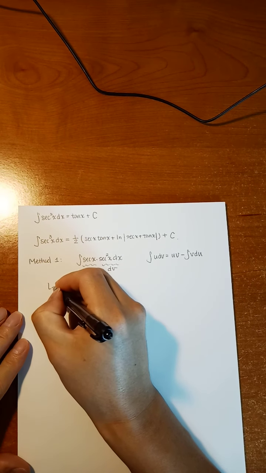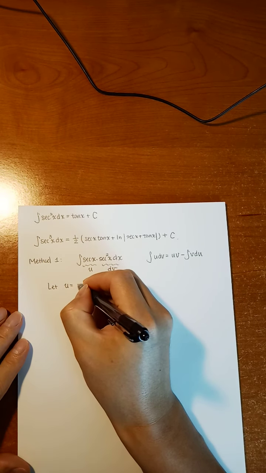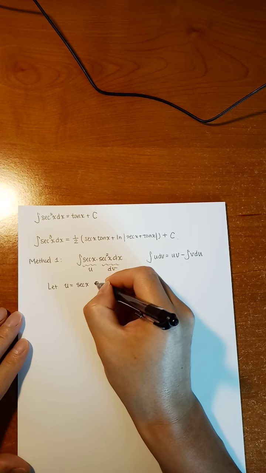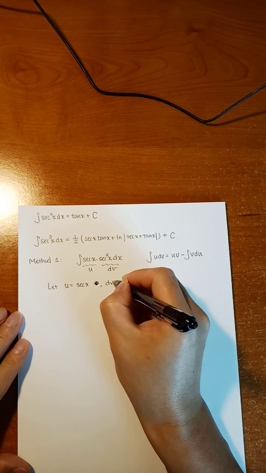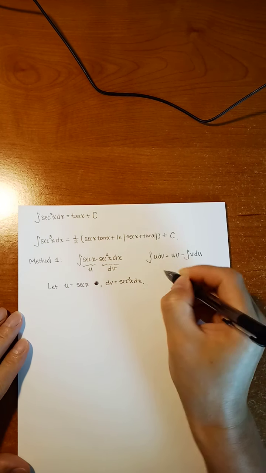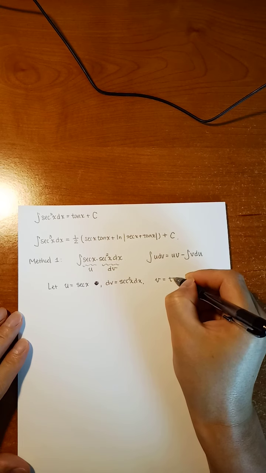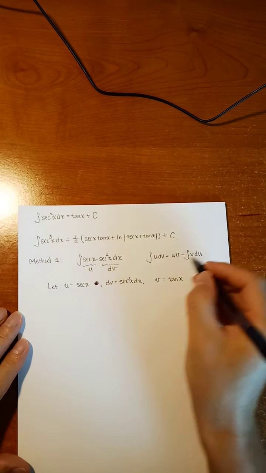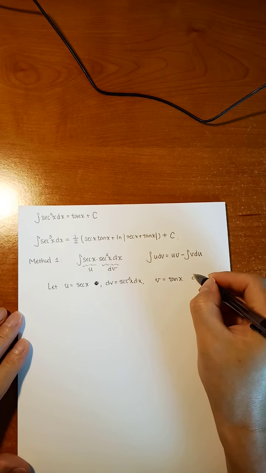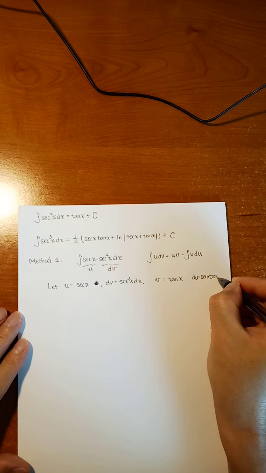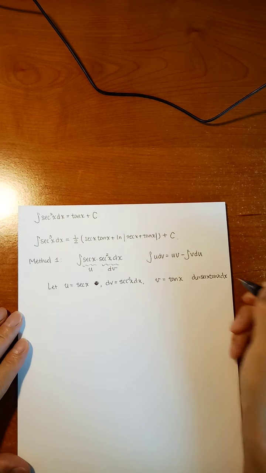So let u be secant of x. dv is secant x squared dx, so v is tangent of x. And then we need a du, then du is secant of x times tangent of x dx.